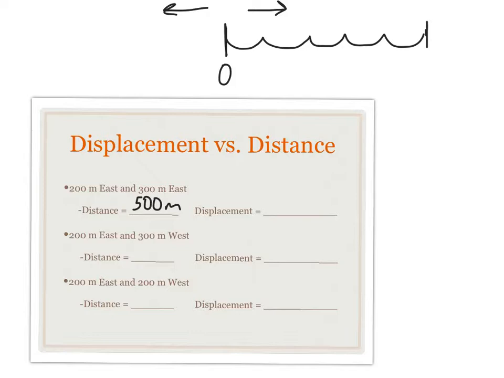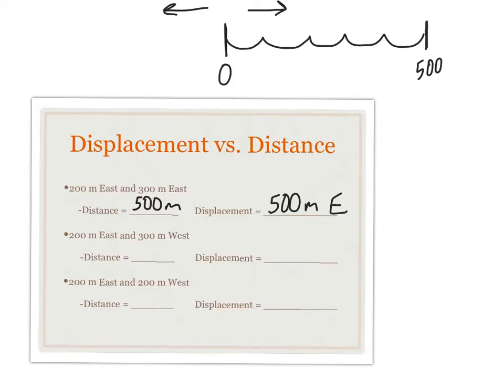Well, my final position is way over here at 500 meters, and that's the east direction. My initial position was 0, so if I subtract those, 500 minus 0, I get 500 meters. And then I have to include a directional word, so I say east, or put an E to symbolize east.